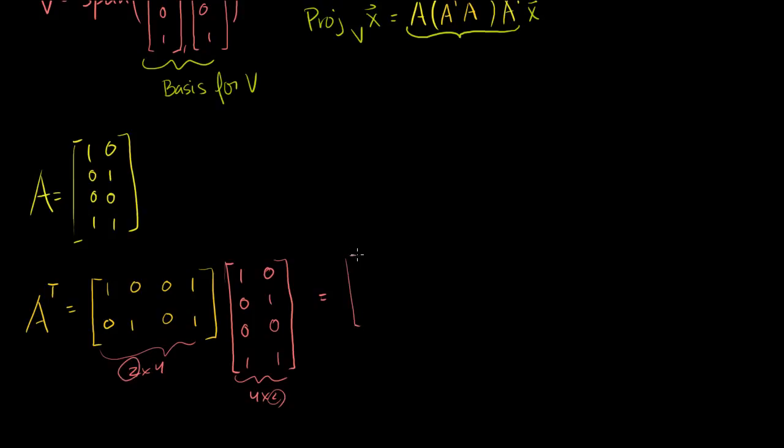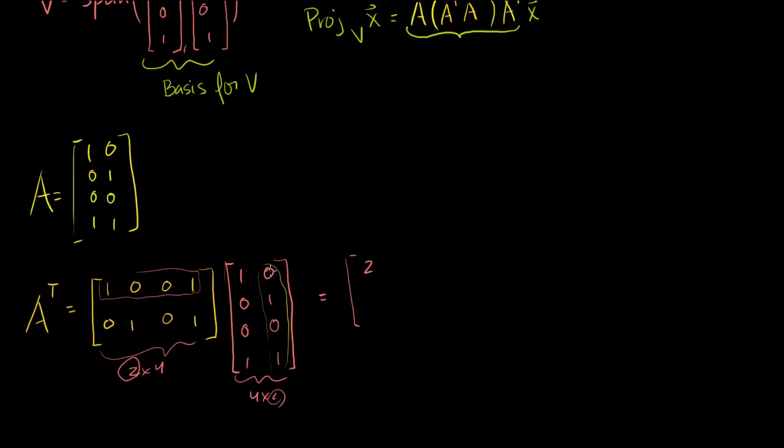So the first entry is essentially the dot product of that row with that column. So it's 1 times 1 plus 0 times 0 plus 0 times 0 plus 1 times 1. So it's just going to be 2 for that first entry right there. And then you take the dot product of this guy with this guy right here.